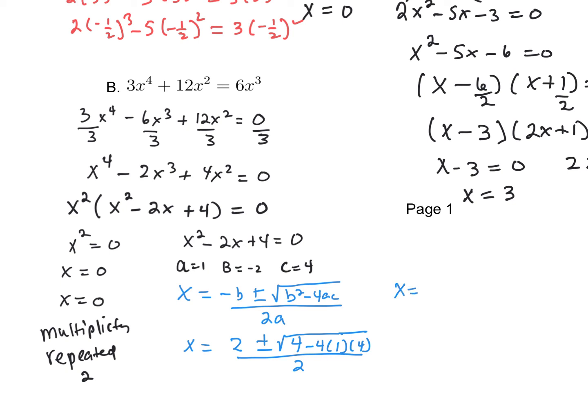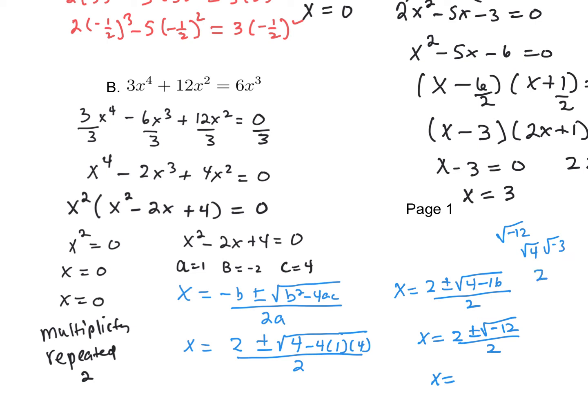So I have x equals 2 plus or minus the square root of 4 minus 16, over 2. So I have 2 plus or minus the square root of negative 12, divided by 2. The square root of negative 12 is the square root of 4 times the square root of negative 3. Since we have a negative in here, I square root of 3. So it's 2 plus or minus 2 i square root of 3, divided by 2.